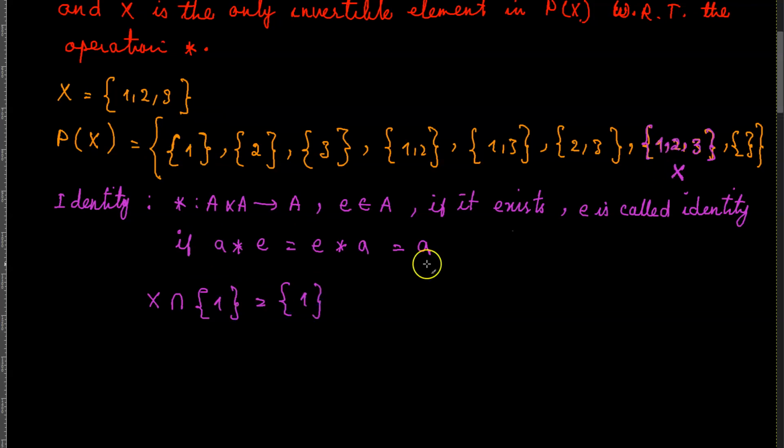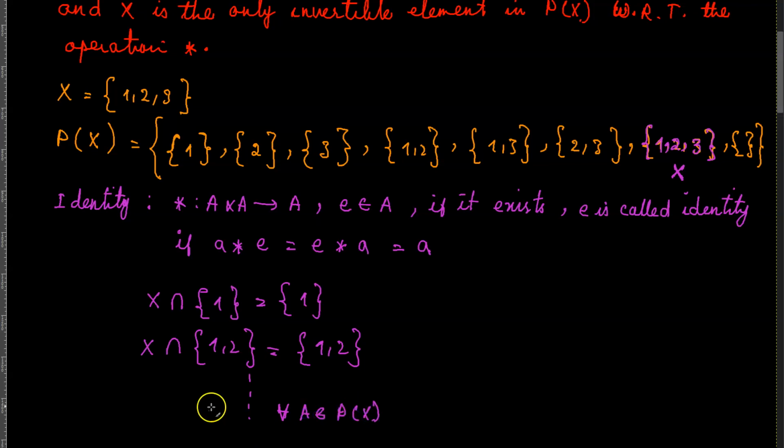If you take the intersection of X, which is {1, 2, 3}, with this set {1, 2}, you are going to get {1, 2} again, and so on for all A belonging to P of X.